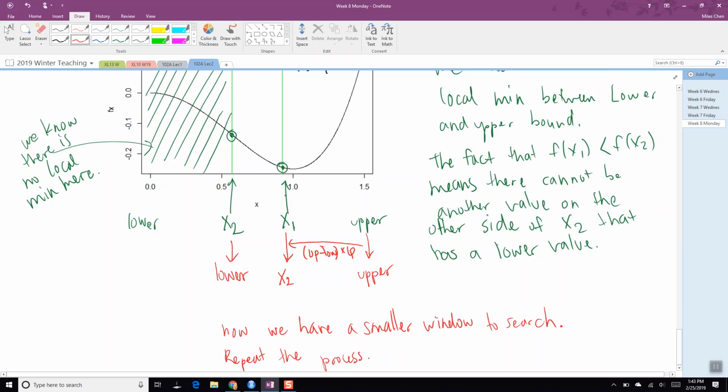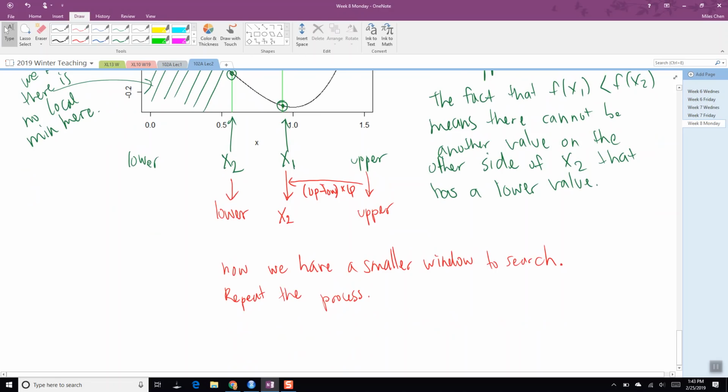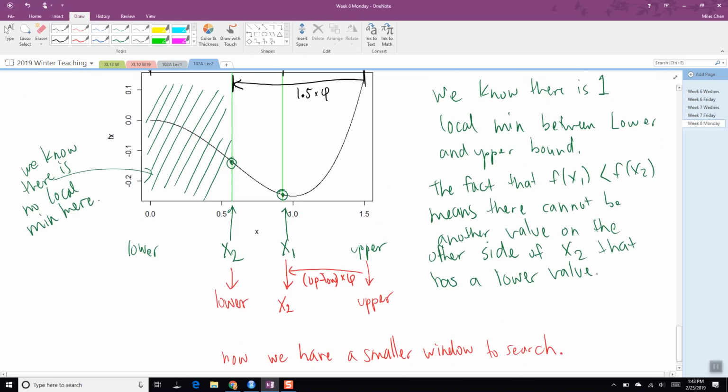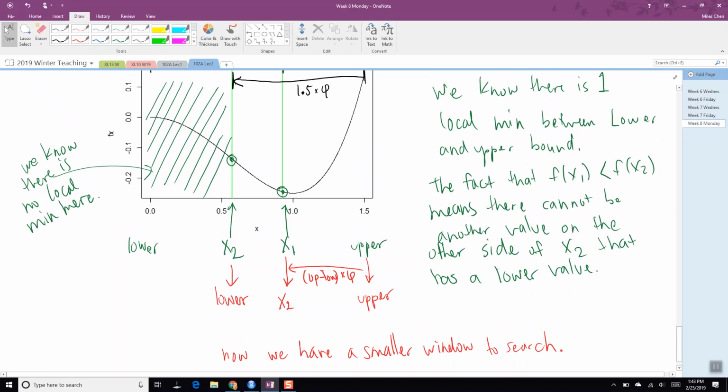And that speeds up our algorithm, because if it's very expensive to calculate the value of the function at a certain location, being able to reuse values that I've already computed is very handy, right?